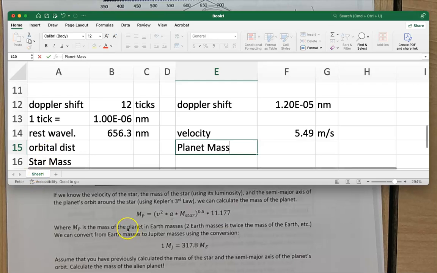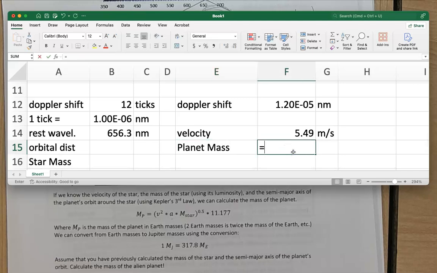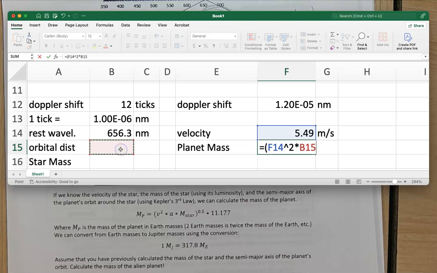And the planet mass is given by this equation. So how would I program that in? Let's see here. So the planet mass equals, parentheses, the velocity squared times the semi-major axis, or the orbital distance, same thing, times the star mass, close parentheses, take all of that to the 1/2 power, and then multiply by 11.177.